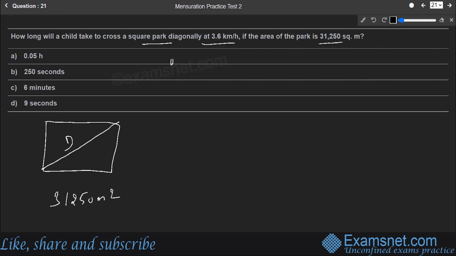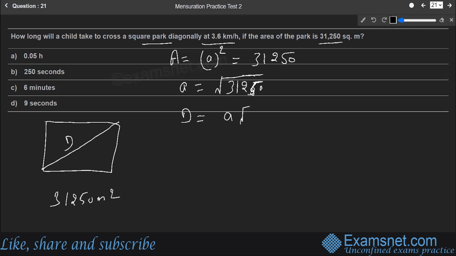Area of the square is side square, that is side square is 31,250. So clearly the side value will be under root of 31,250. Now diagonal of a square is always given by side root 2.